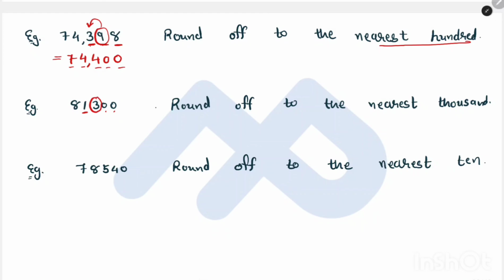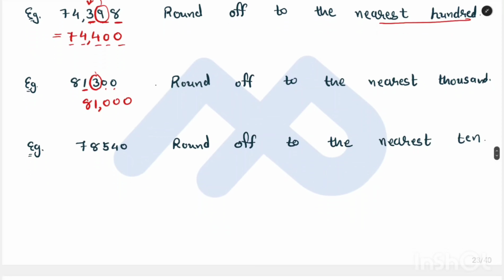But here it is not 5 or more than 5, it's 3. So you will not add anything to your digit, and just you'll write 81, and then other 3 must be zeros only to match the number of digits with the question. So 81,300 can be rounded off to the nearest 1000 as 81,000.